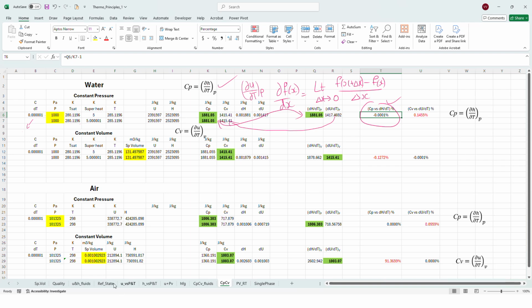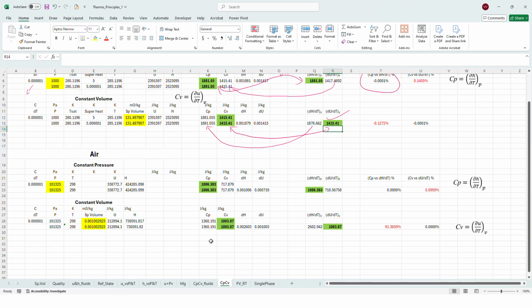In the same way at constant volume, Cv, which is dU/dT at constant volume, seems to be matching very well here and here, as opposed to this value, which is the constant volume change in enthalpy, that's not matching well. So the theory works here too.